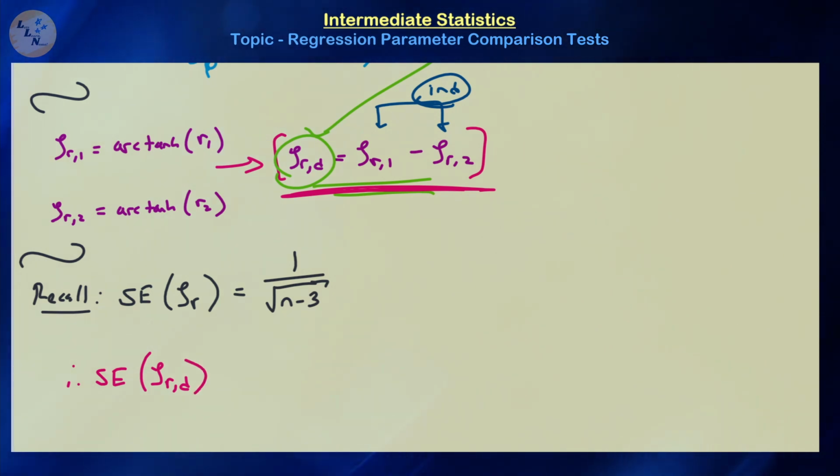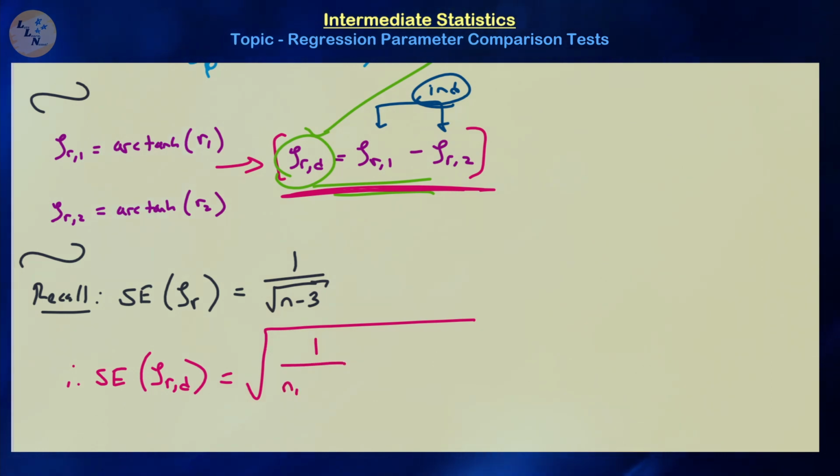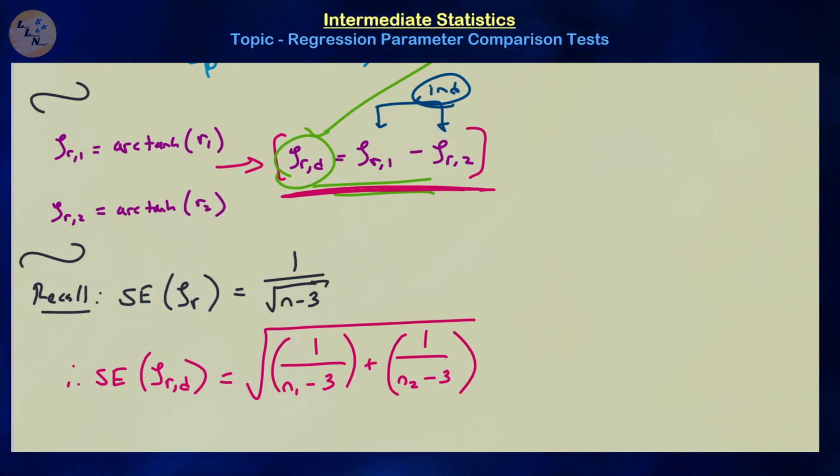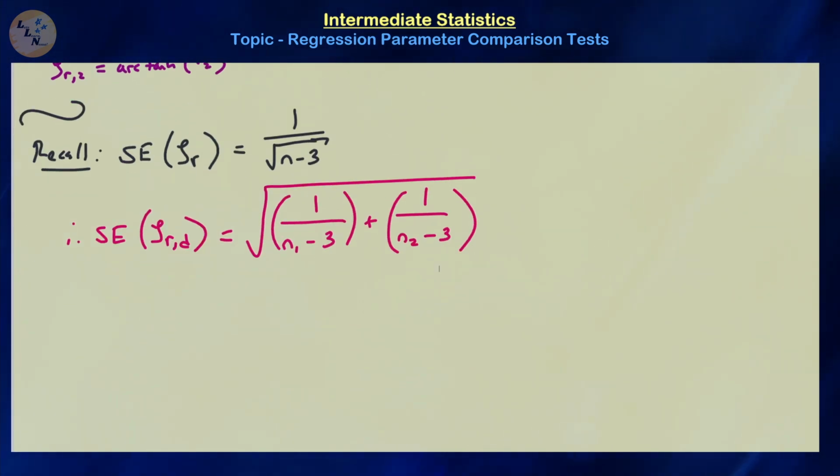So that's going to be equal to the square root of 1 over n1 minus 3 plus 1 over n2 minus 3. This requires that both of these bivariate distributions are bivariate normal, and n1 and n2 are both extremely large.